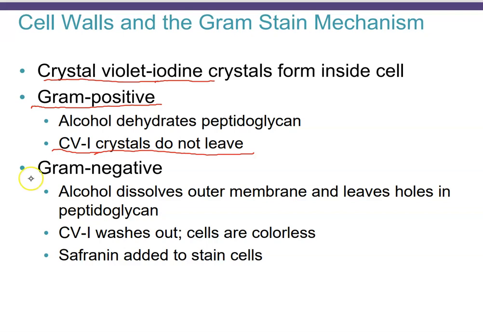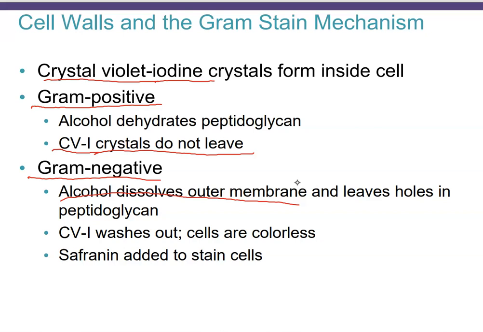Now, different here for the gram-negatives. The gram-negatives have an outer phospholipid bilayer, and the alcohol ends up dissolving that outer membrane, because as you might know, alcohol is a way to clean up or dissolve lipid.